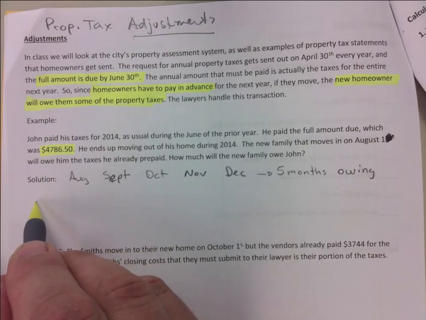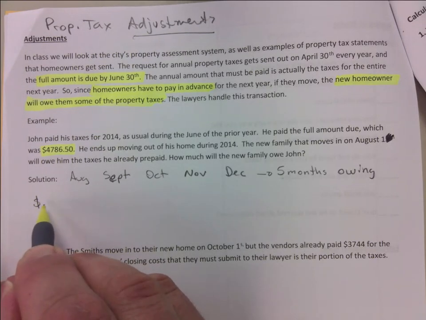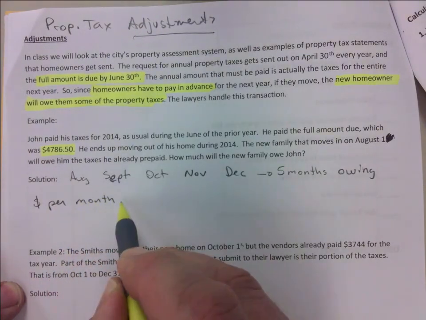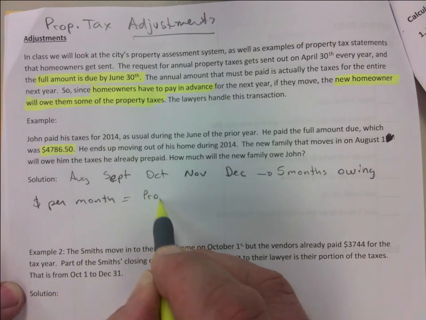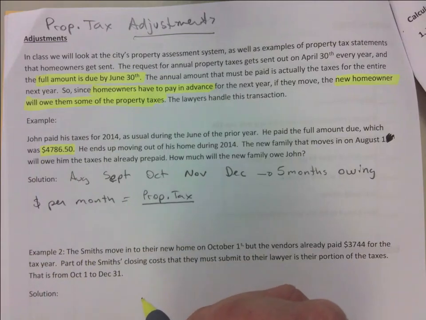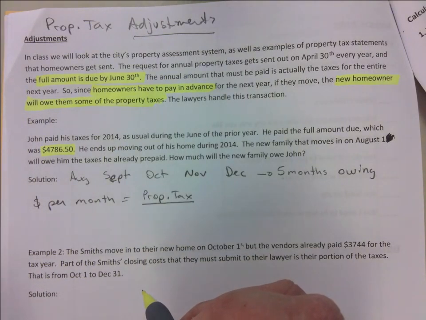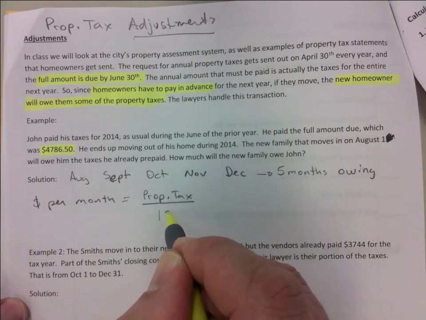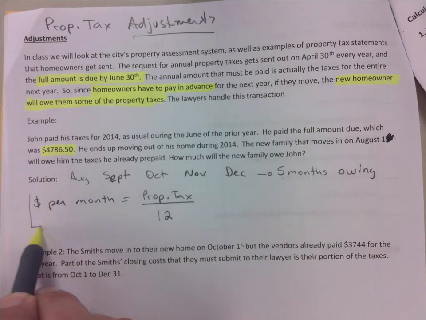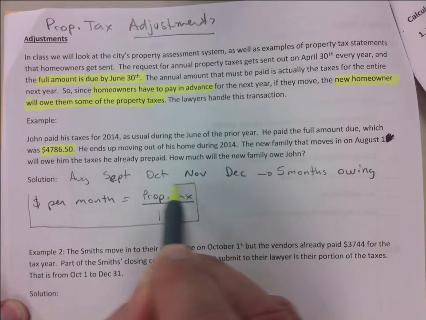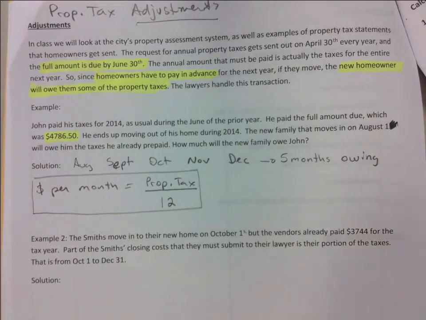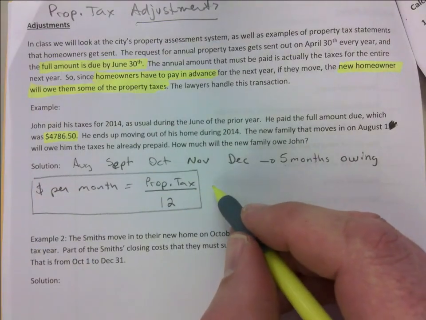So what you do is this: dollars per month. This is a formula. You take the property taxes, and what are you going to divide it by if it's per month? 12. That is definitely something that either you have on your formula sheet or you just know that's what needs to happen.